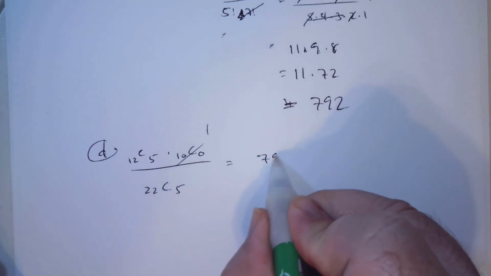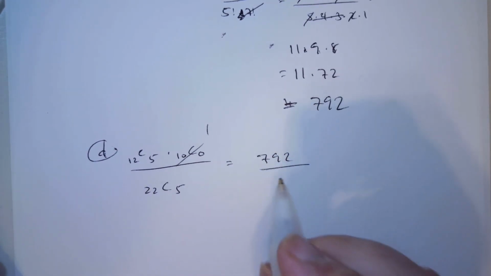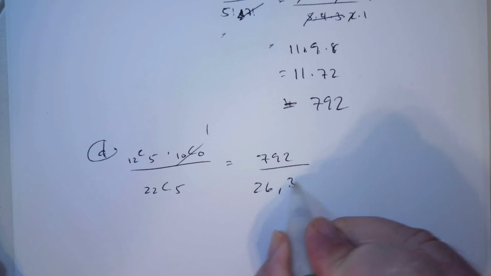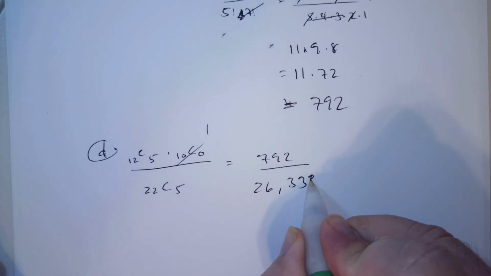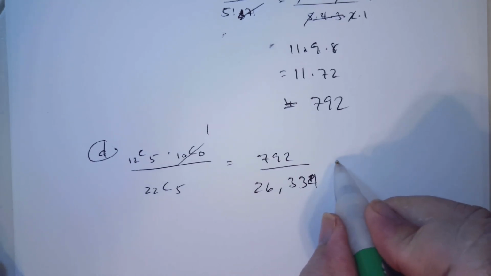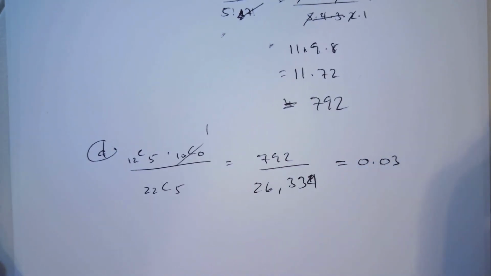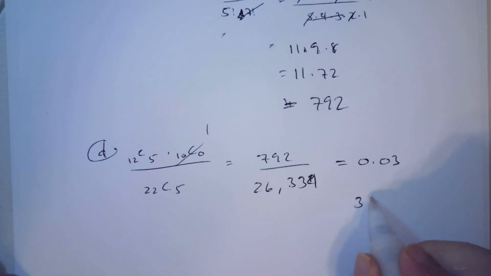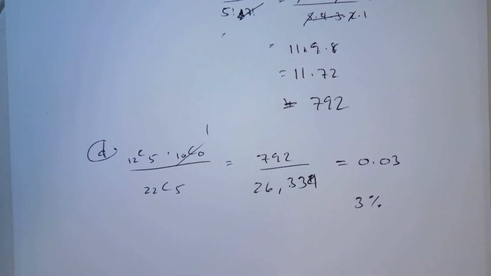So we have 792 divided by 26,334. That equals 0.03, or a 3% chance of getting all 5 being girls.